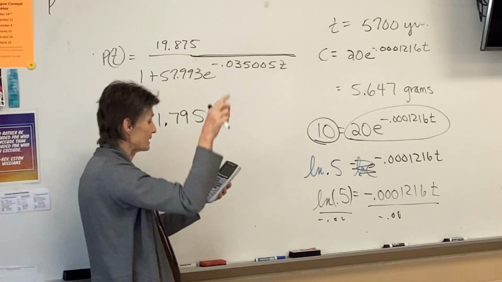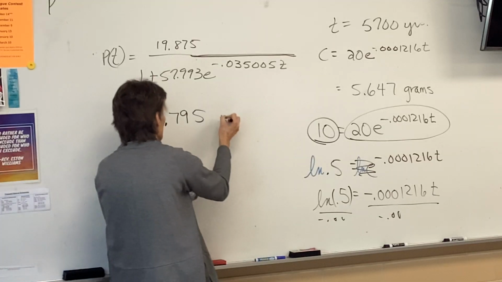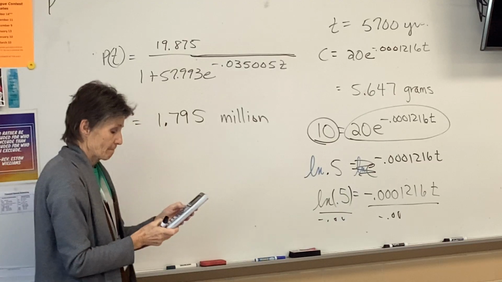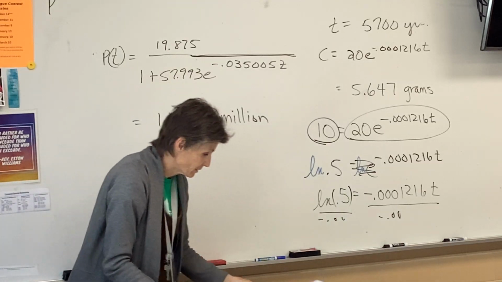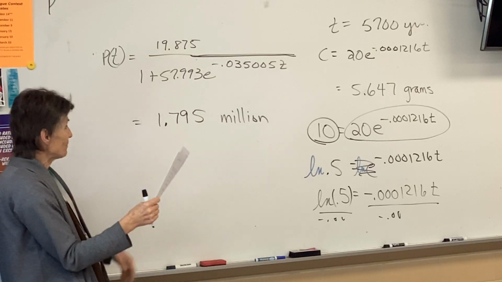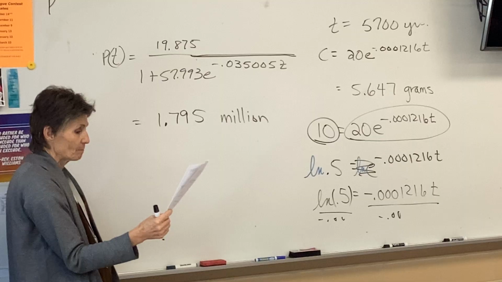So use your second answer button. Remember, P is in millions. So in 1850, there were almost 1.8 million people.